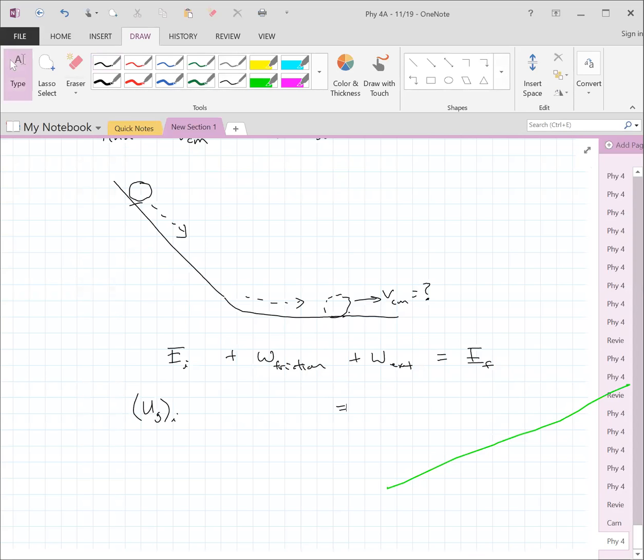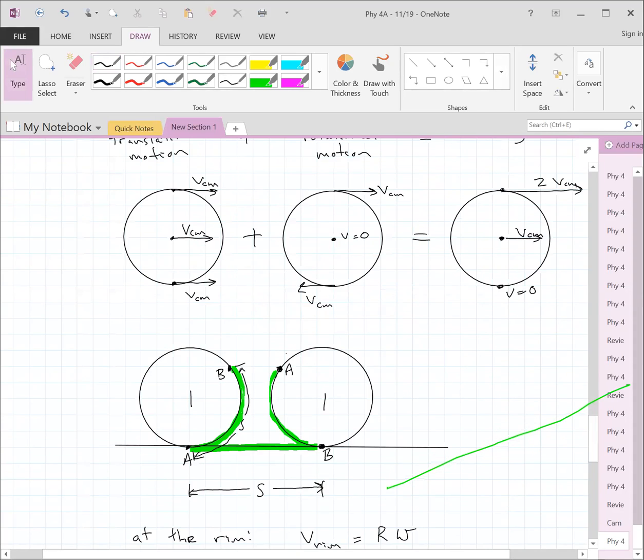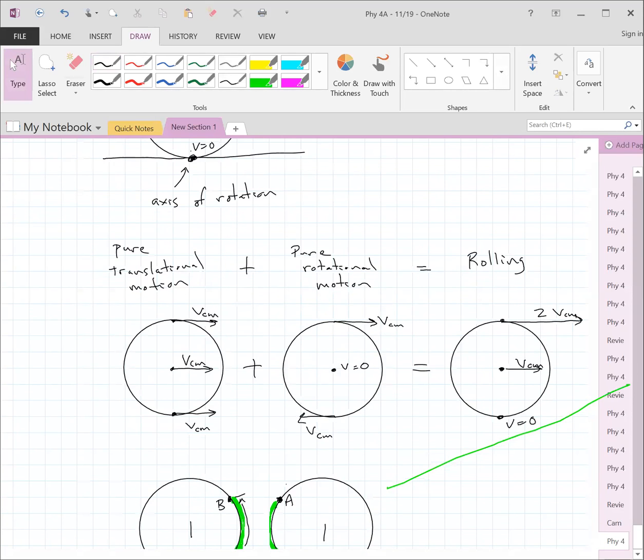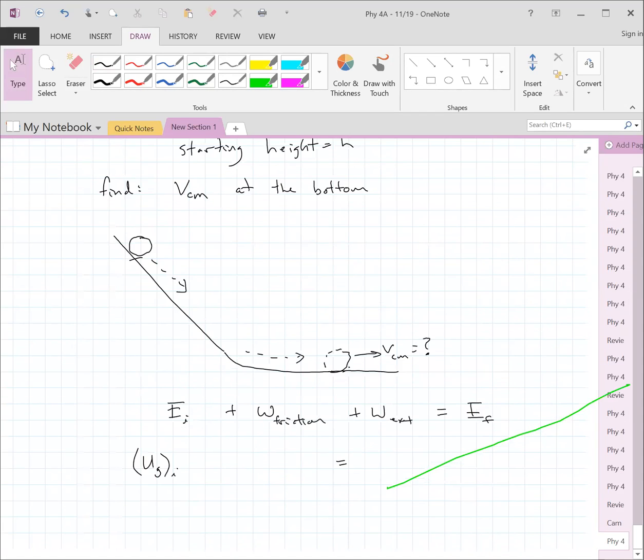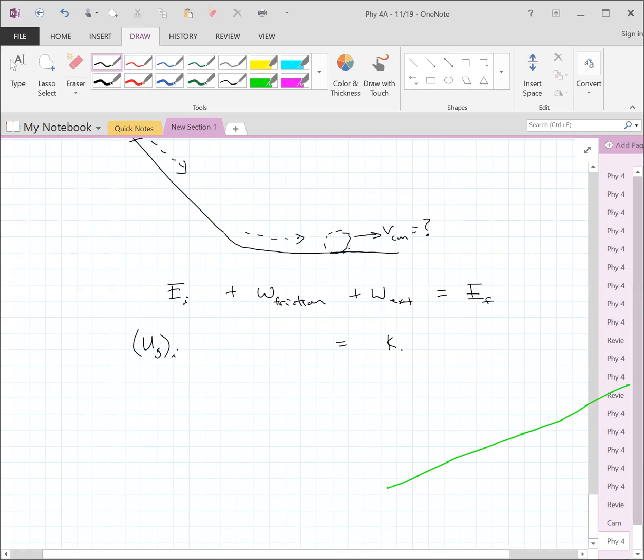But the whole point of this little exercise is that instead of dealing with something that's rolling, which is kind of complicated, we're going to say it's just as if it magically becomes two objects, one that is just moving without rolling, and one that's rotating without moving. And so at the end, it's going to have both a K translational plus a K rotational.